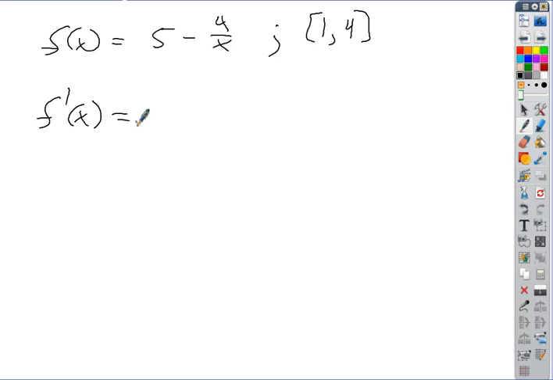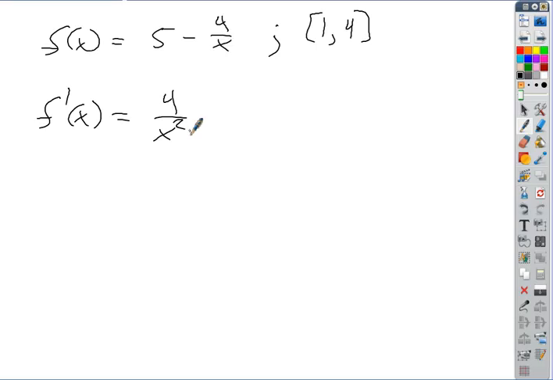Derivative of 5 is 0. This is the same as negative 4x to the minus 1. The derivative of that is 4x to the negative 2, the same thing as 4 over x squared. There's our derivative.